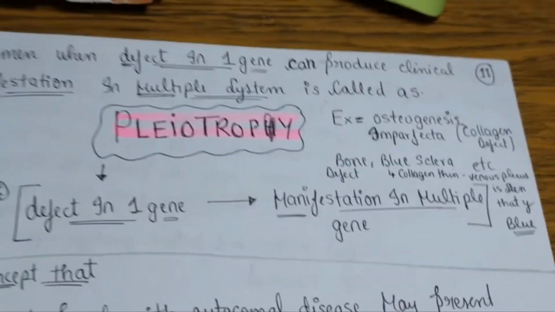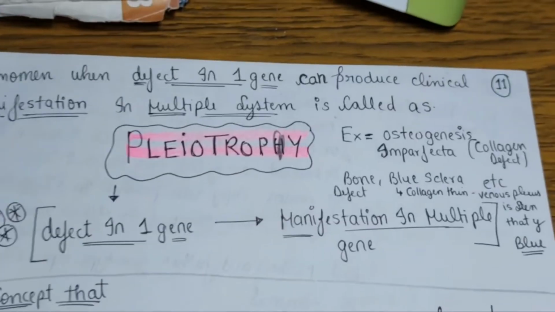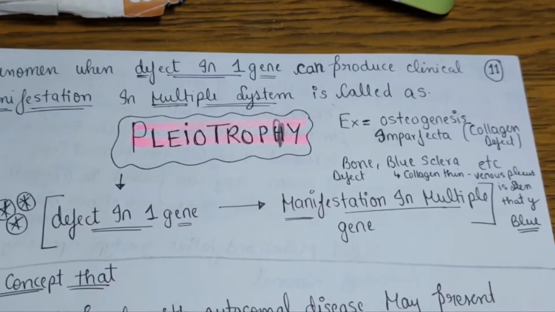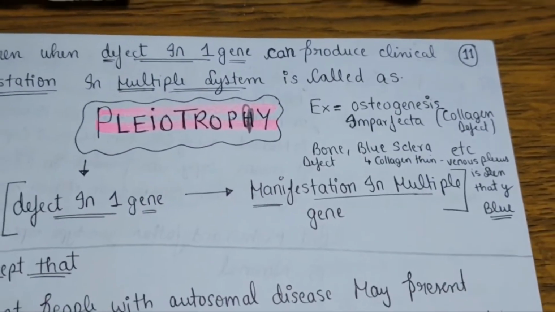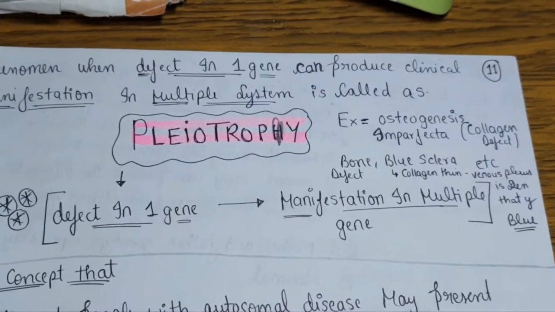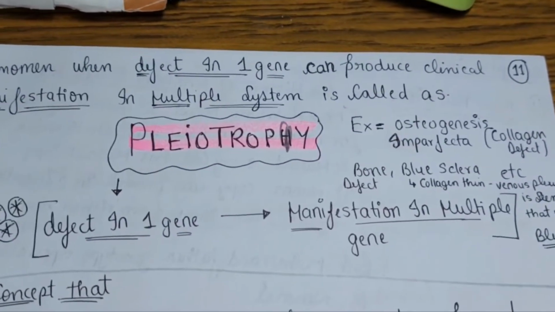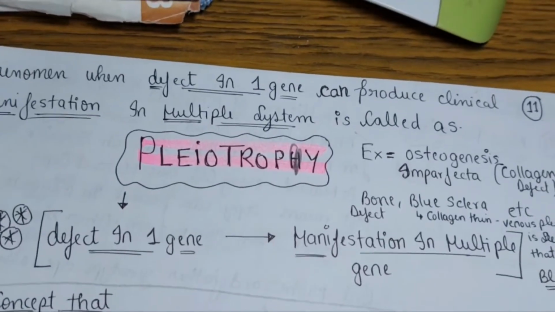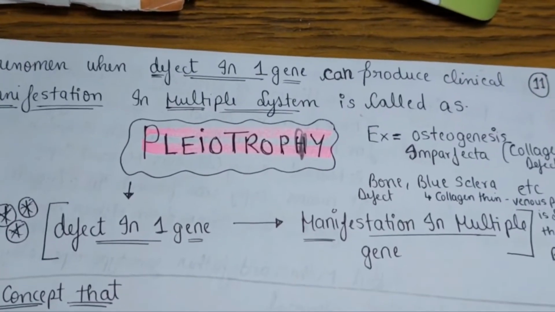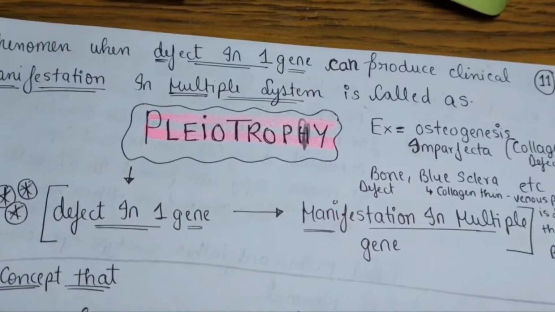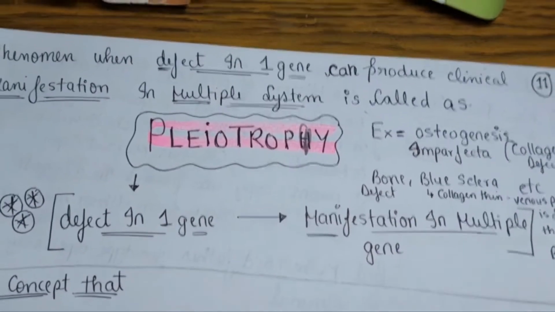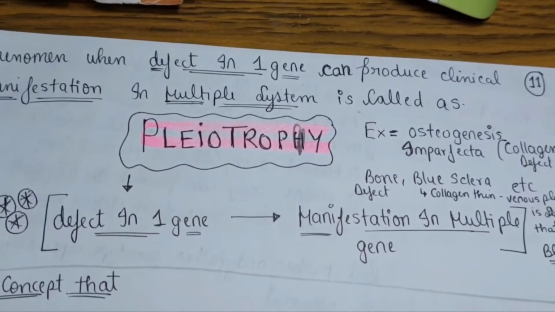Another example of pleiotropy is osteogenesis imperfecta. In osteogenesis imperfecta, there is a defect in collagen type 1, and due to this, there will be a defect in bone formation. The person will have blue sclera, and the blue sclera is due to thinning of the collagen in the eye, so the venous plexus is seen, and that's why it looks blue.